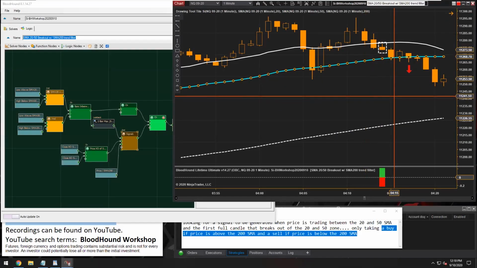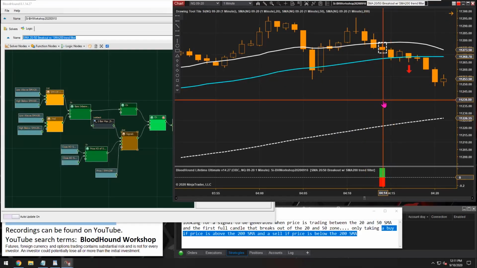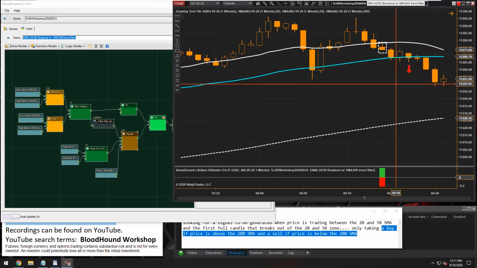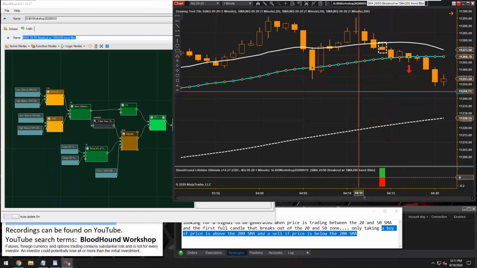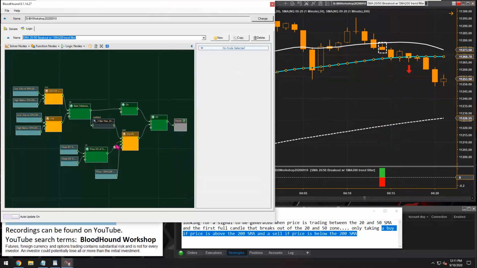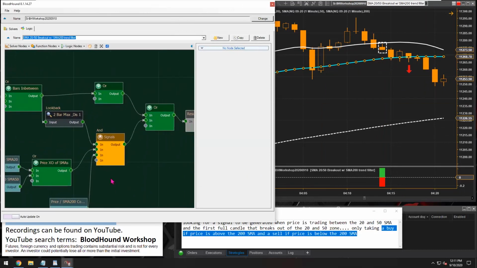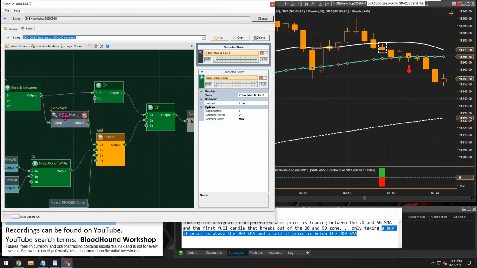All right. The market can throw anything at you. It can consolidate as much as it wants. And so we could easily get a bunch of bars consolidating on one of the moving averages. If that happens, then this look back node is set up to only look back an extra bar to extend.